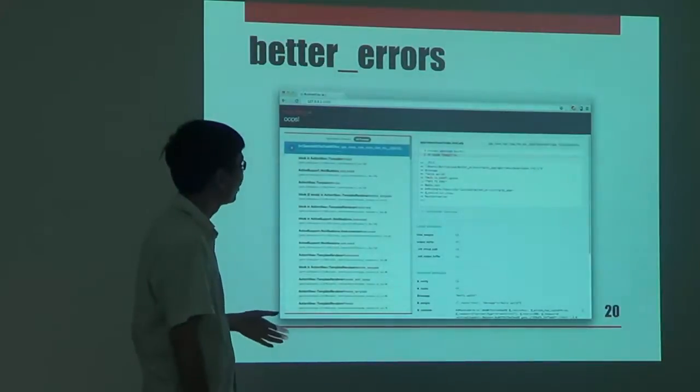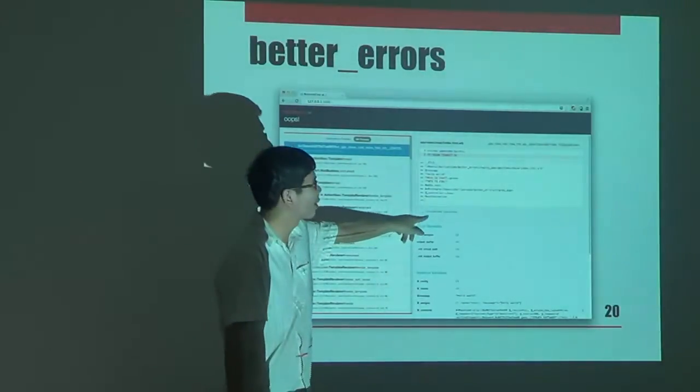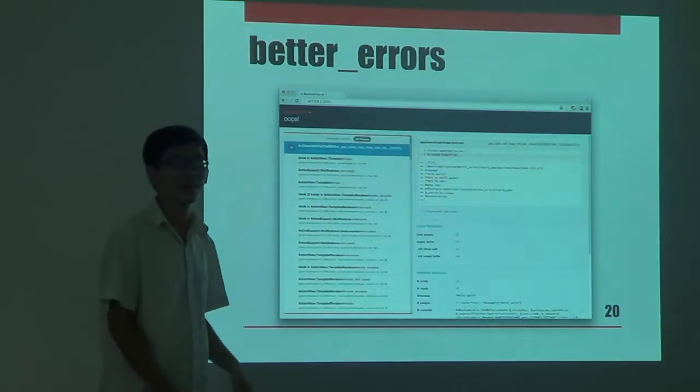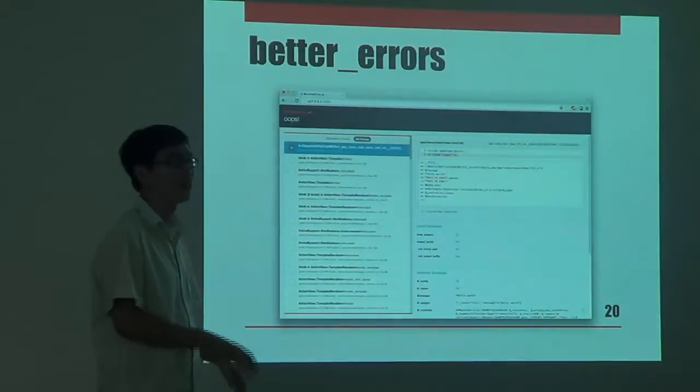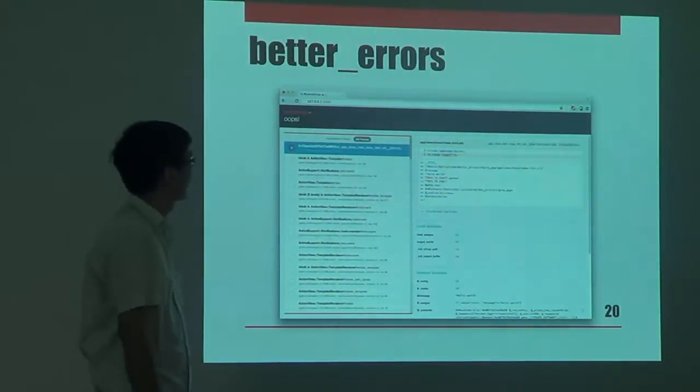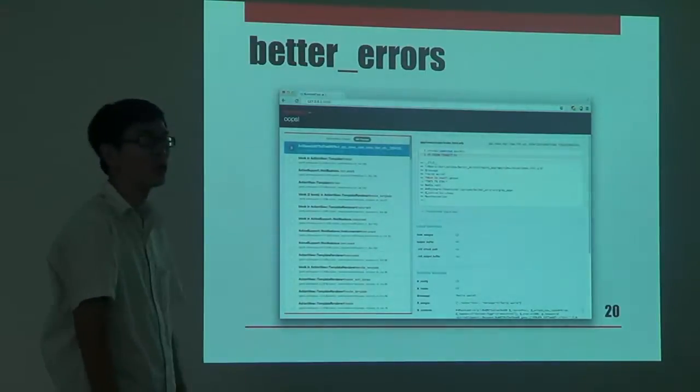Yeah, this gem is quite convenient because they even have a command line here for you to type in to find the value of a variable. So this gem is very convenient for you to debug.